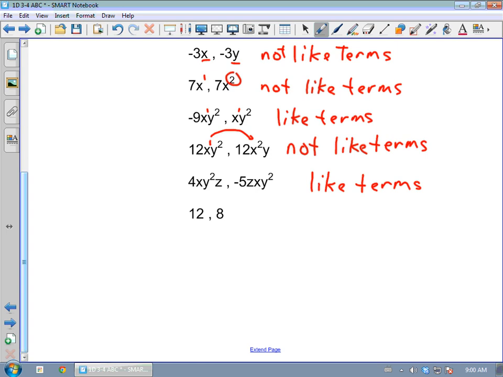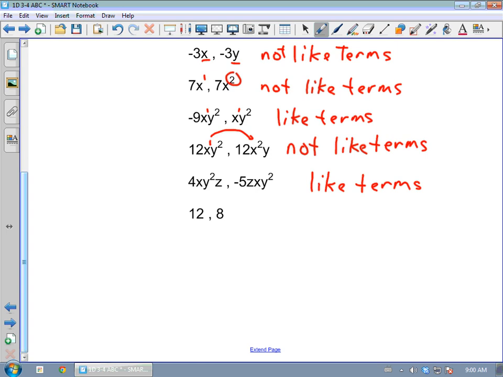Absolutely. Y has the same exponent. Bingo. It doesn't matter what order these things are in. Usually we write them in alphabetical order, but if they happen to be out of order, as long as the variables are the same and the exponents on the variables are the same, they are going to be like terms.